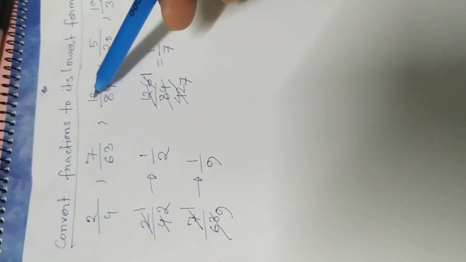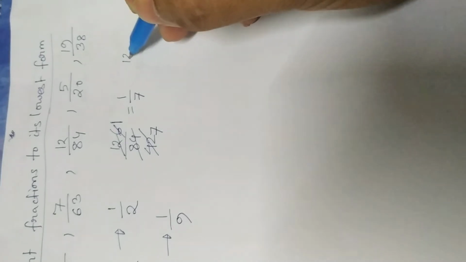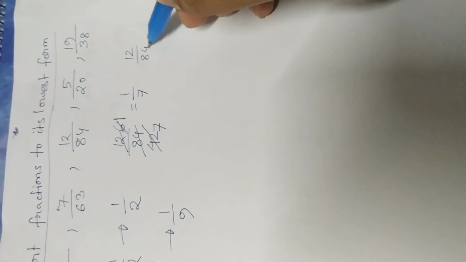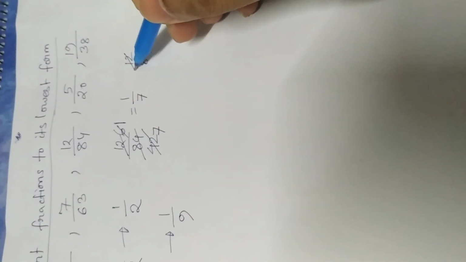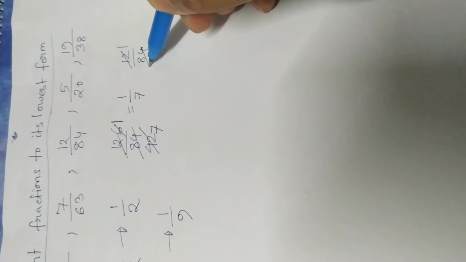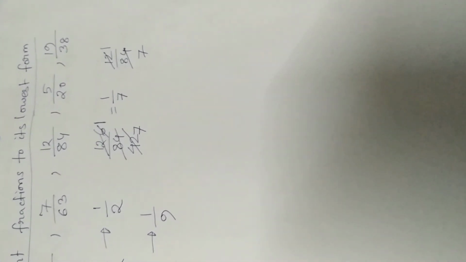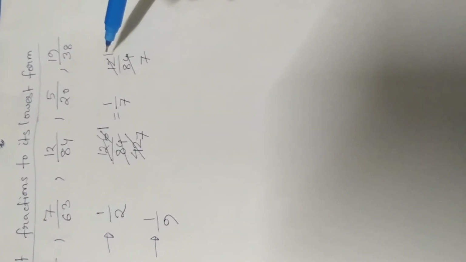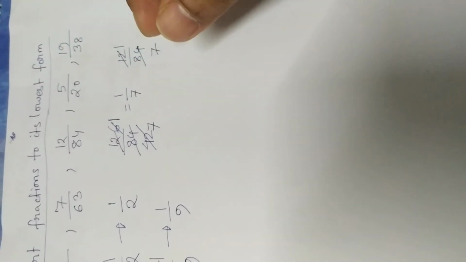You see, I could have done this directly. How? Let's say 12 by 84. If we know the times table of 12, we could have done it directly. Like 12 ones are 12, 12 sevens are 84. Both the numbers are divisible by 12. Otherwise we need to go by dividing with smaller numbers, so it will take more time.